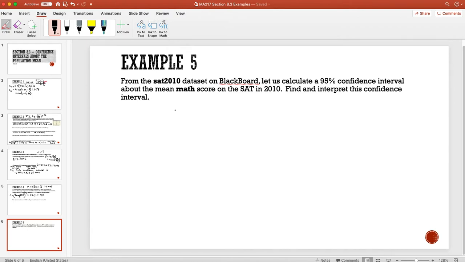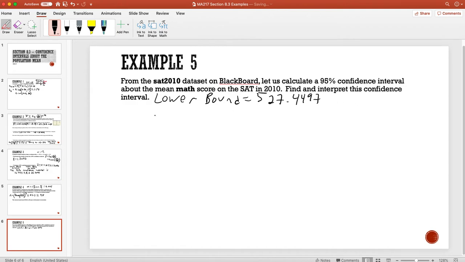just to write that out, we have the lower bound, that is 527.4497.